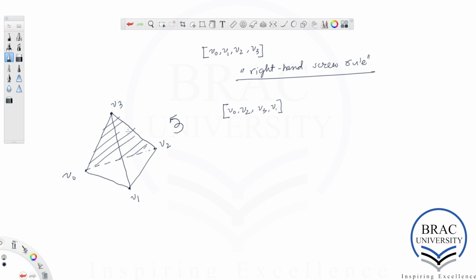So the right hand rule applies, and this actually denotes the same oriented 3 simplex. So this is the notation for the right hand screw rule.